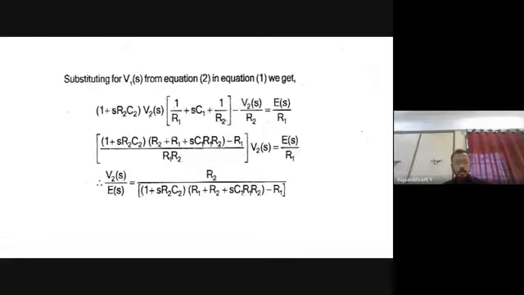See, now you have to substitute equation 2 in equation number 1. You can find out the ratio, that is V2 of S divided by E of S. So please cross check whether you are getting V2 of S divided by E of S.